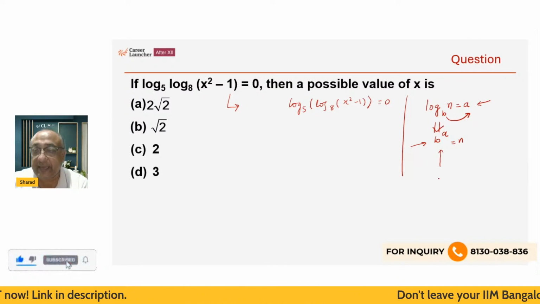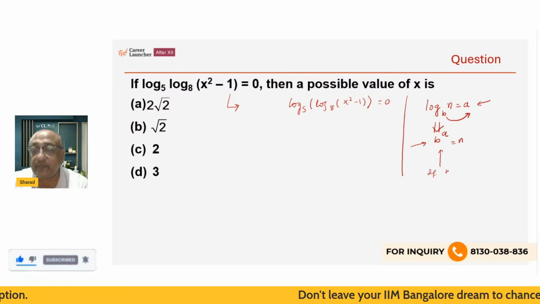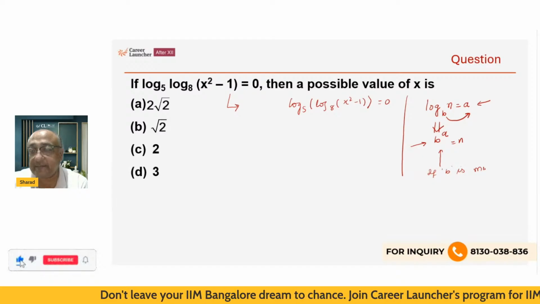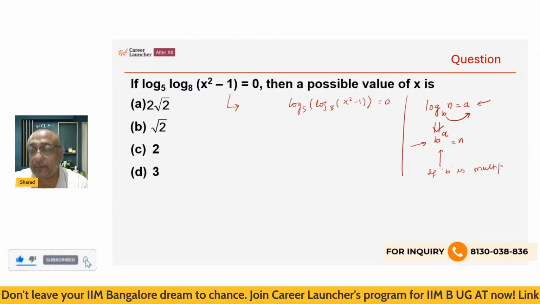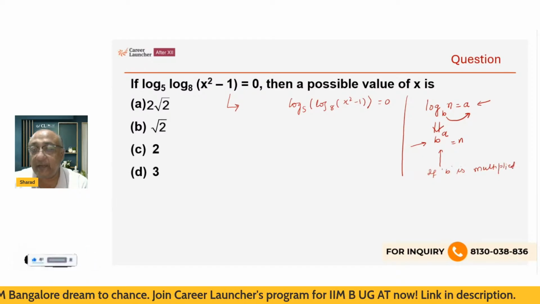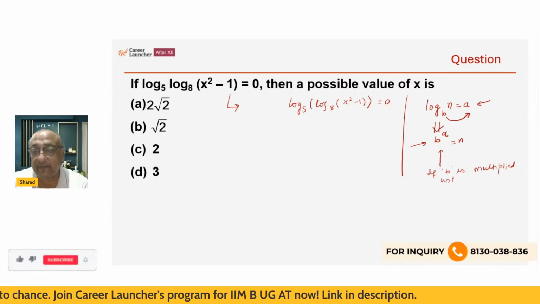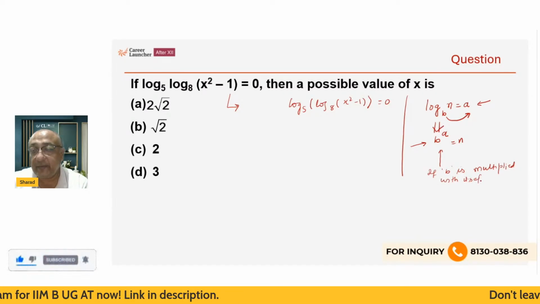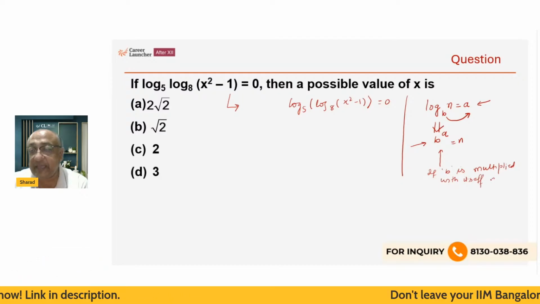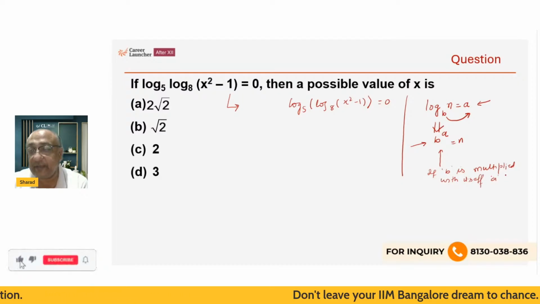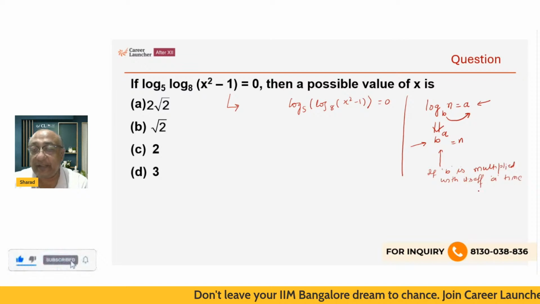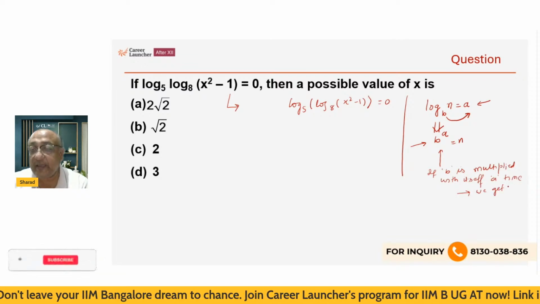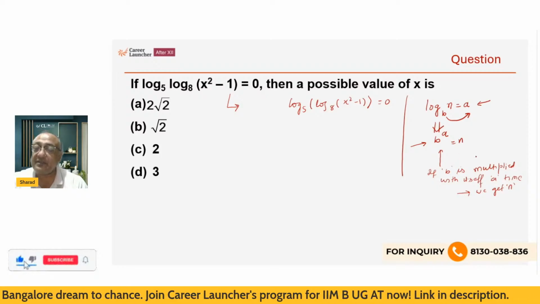This says if b is multiplied with itself, how many number of times? a times, we get n. So this is a simple thing.